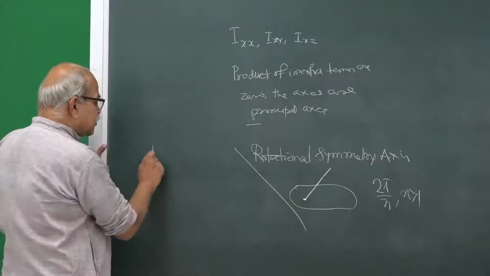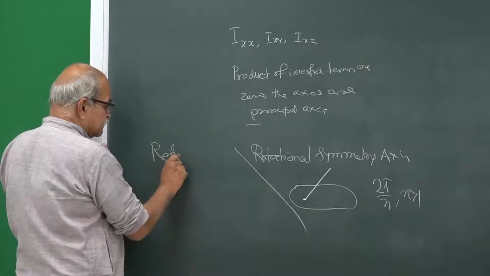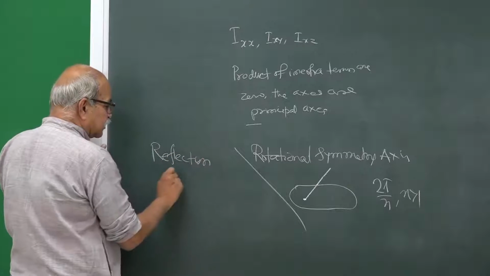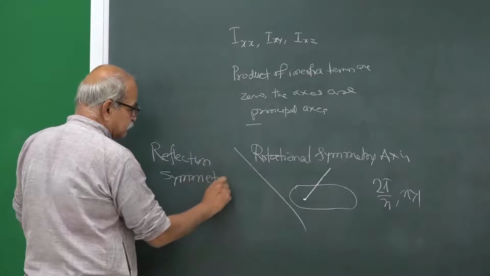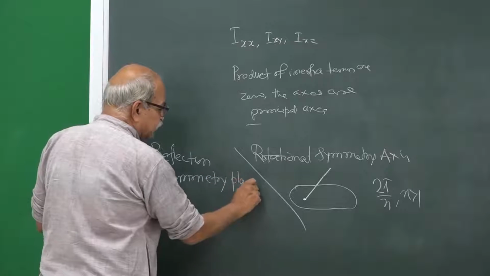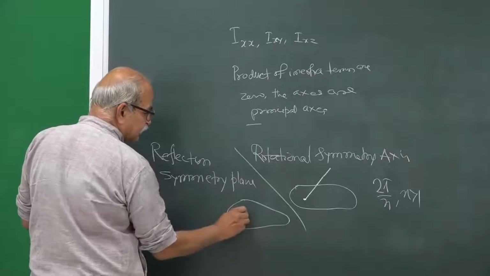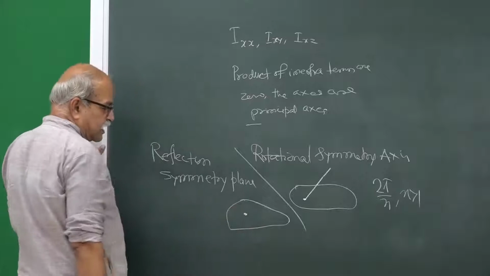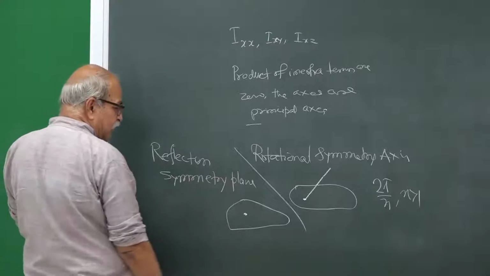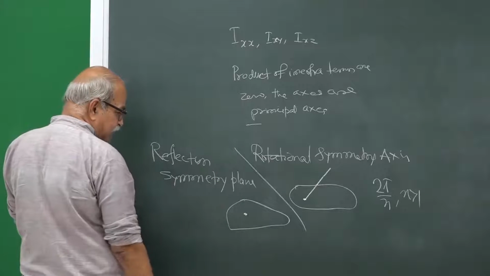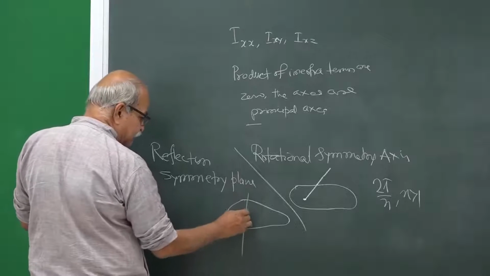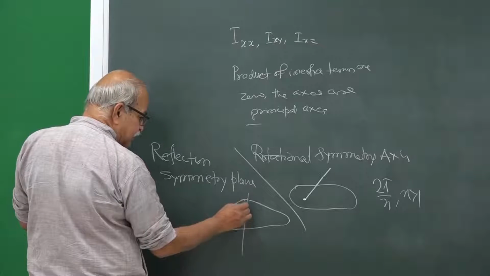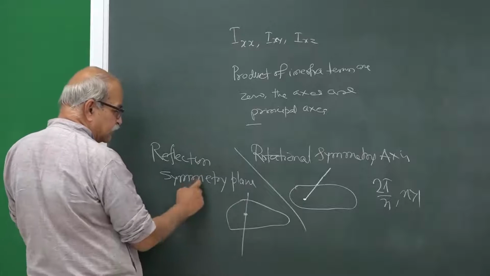Another was reflection symmetry plane. So, if you have a rigid body and you have a point origin and you are looking for principal axis directions, and then you find that okay, there is a plane through this point which is a reflection symmetry plane.